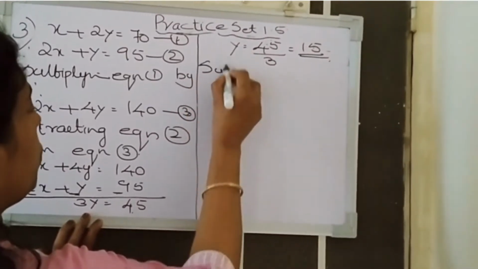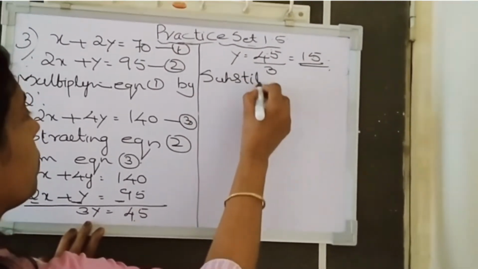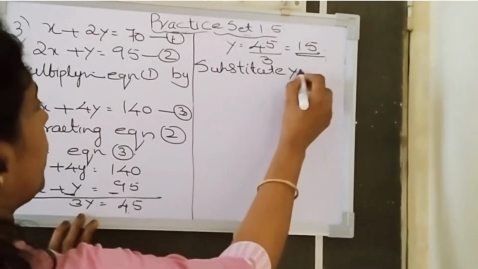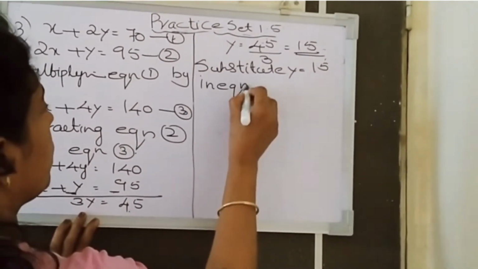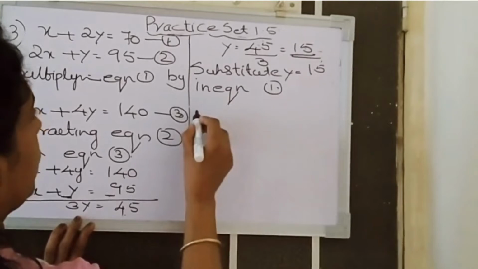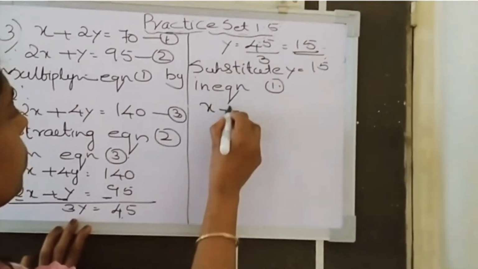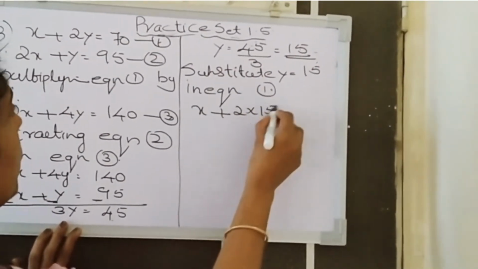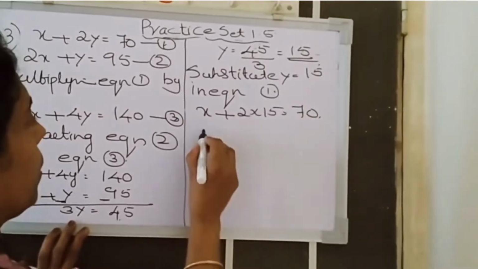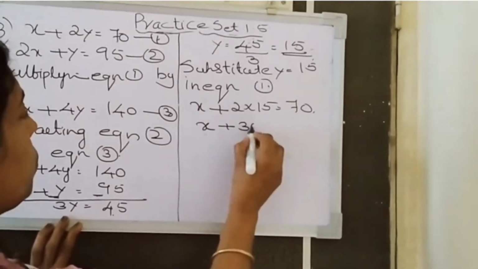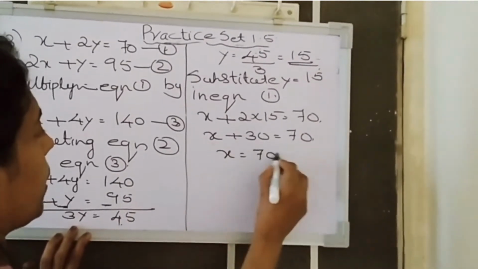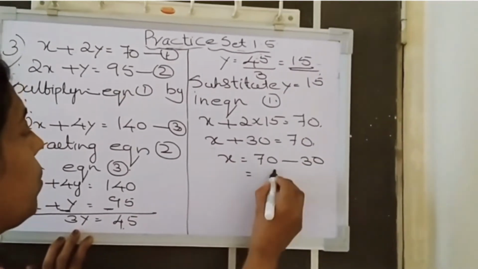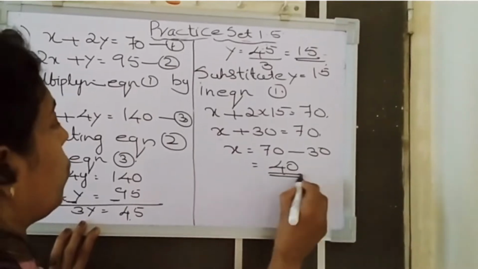Then substitute y equal to 15 in equation 1. Therefore, x plus 2 into 15 equals 70. Therefore, x plus 30 equal to 70, and x equal to 70 minus 30 equal to 40.